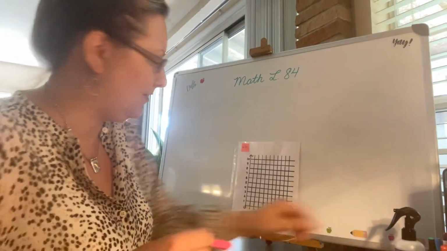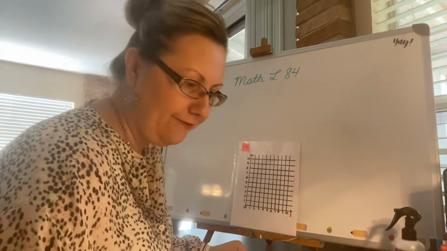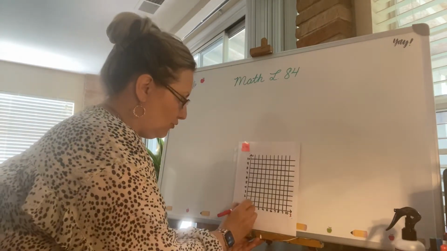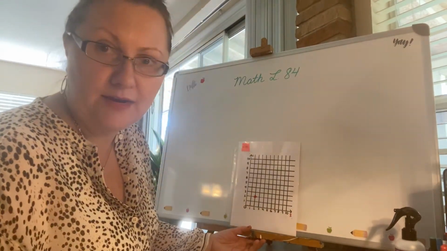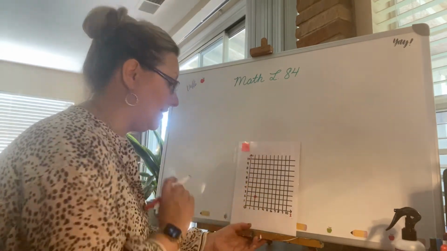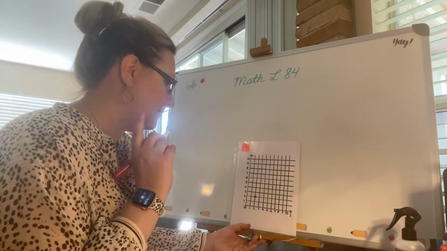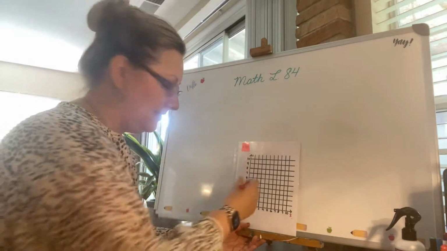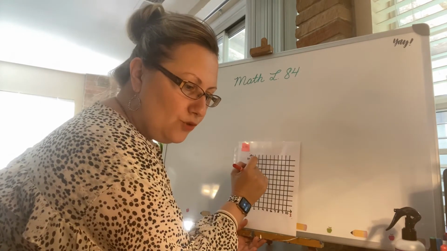So we have something like this. We have our coordinate graph, and we have the T right here at 2, 2. And then you can spot the point R, which is 2, 9.